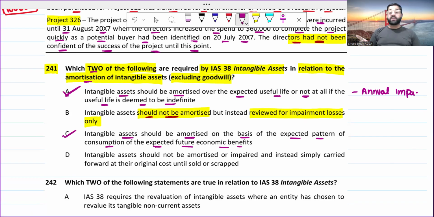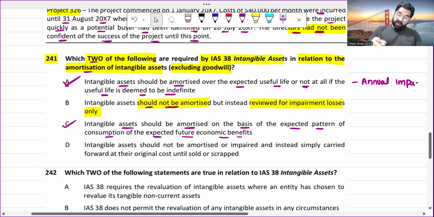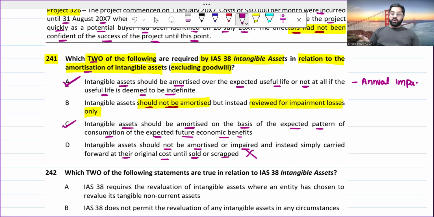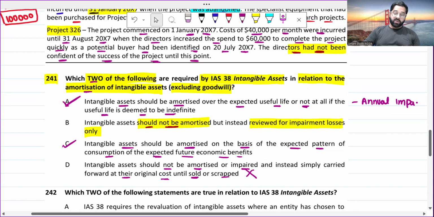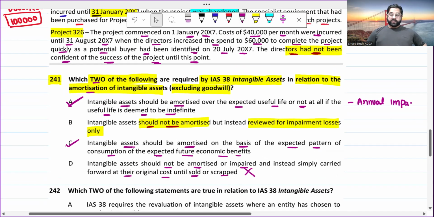So it is a correct definition of amortization because of the matching principle. Intangible assets should not be amortized or impaired and instead simply carried forward at their original cost until sold or scrapped. No. If the life is finite, you have to charge amortization expense. If indefinite life, then you have to perform annual impairment testing. So the correct options are option A and C.